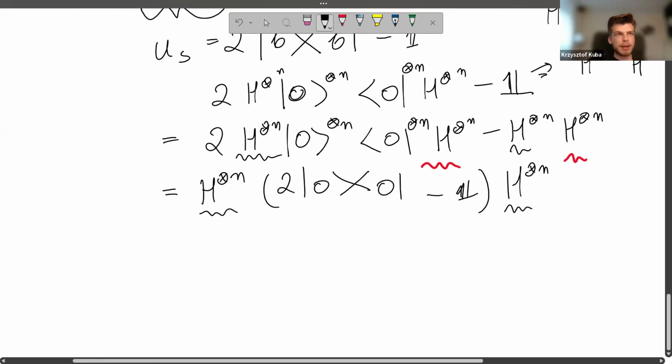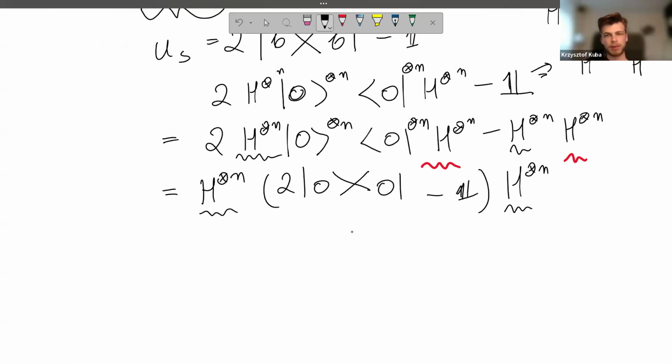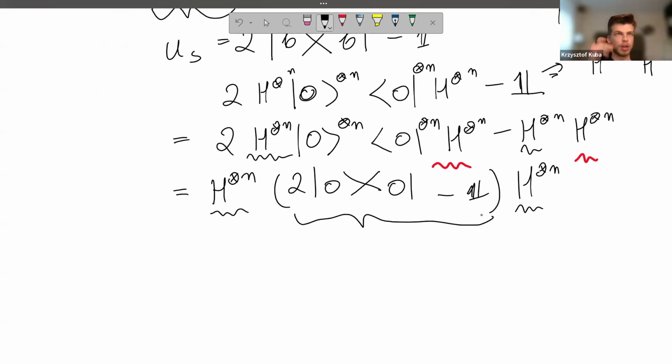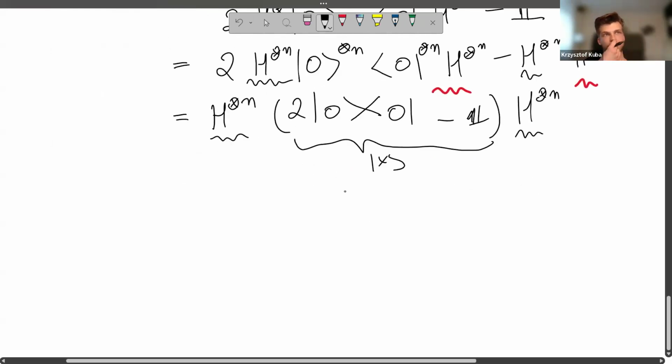Now we will examine the effect of applying this gate onto our state x. What happens to it? We will consider 2 cases.